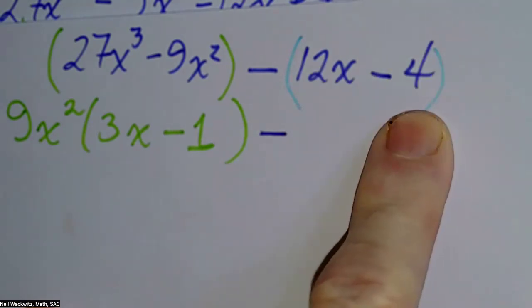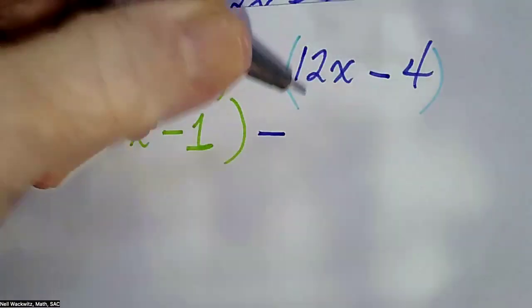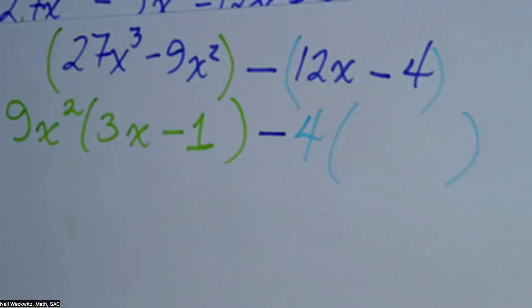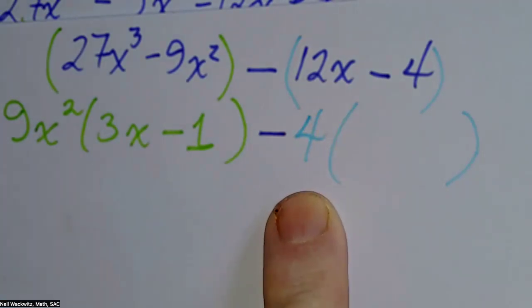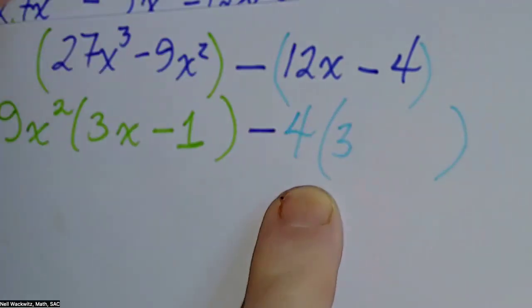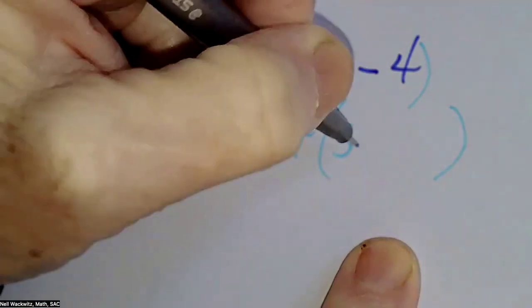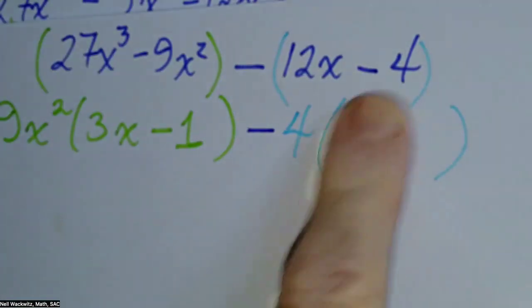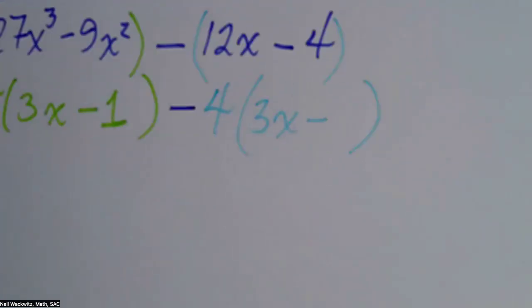We don't have an x on the 4 term, so we're not going to worry about the variables. If I factor out a 4, 12x divided by 4 is 3. Good. And how many x's are left? 1. Good. And 4 divided by 4 is 1.